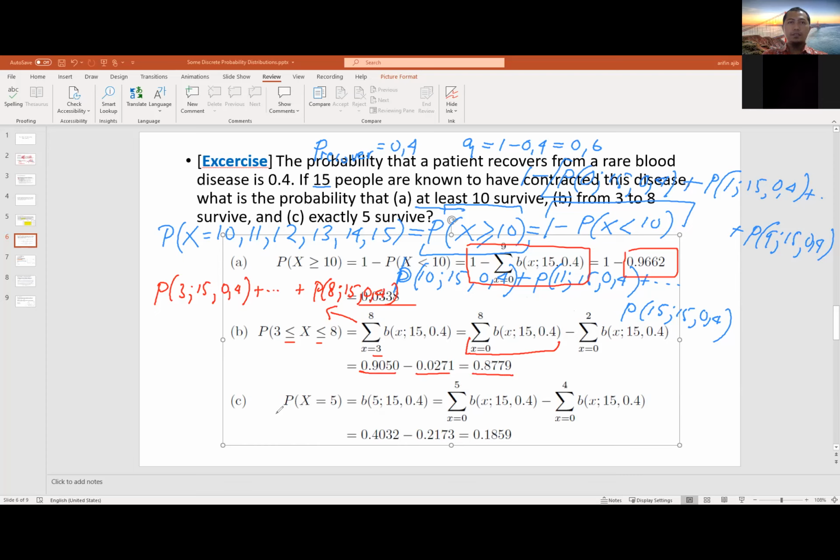How about this one? This one is X equal to 5. It's similar to the probability B(5; 15, 0.4). You can compute directly, but indirectly you first compute 0 until 5, and then subtract the probability 0 until 4.